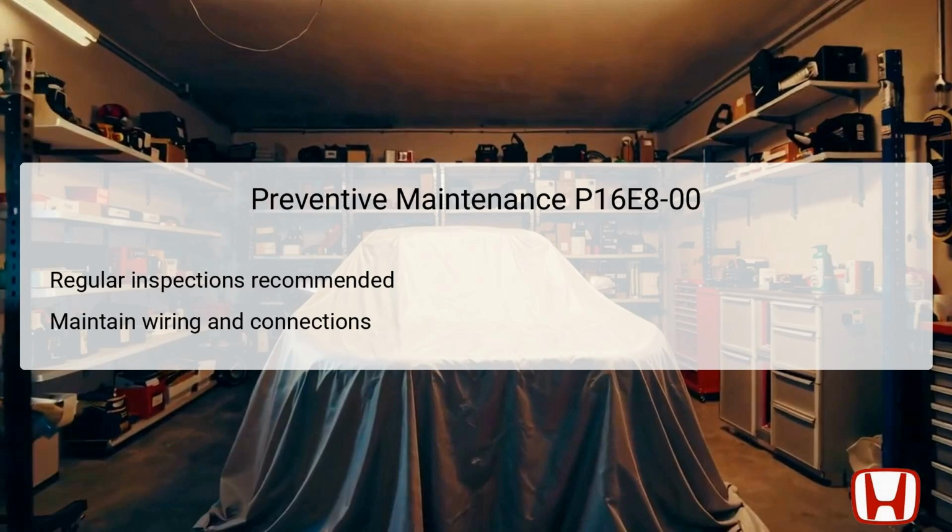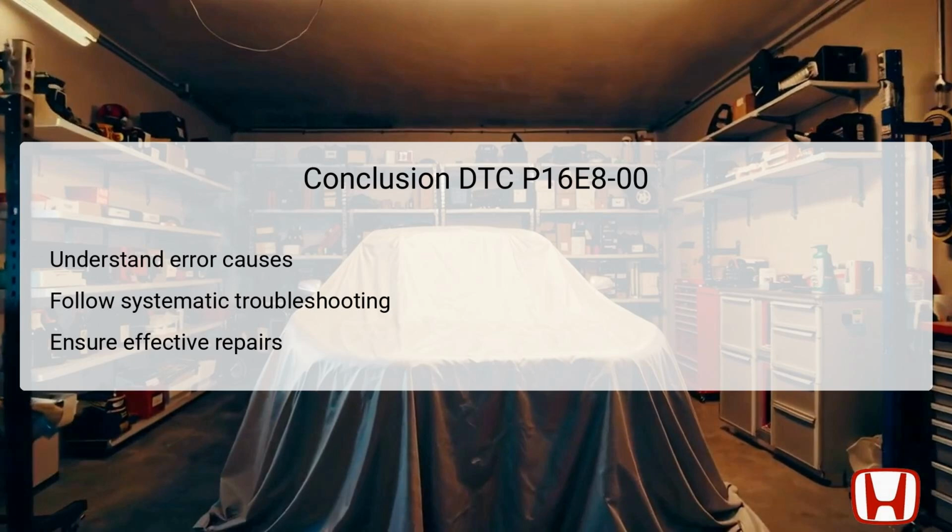Keeping these components in check maintains optimal performance and ensures that communication lines between them remain healthy. By practicing regular preventive measures, vehicle owners can better safeguard against costly repairs and enhance the overall longevity of their vehicle's functionality.